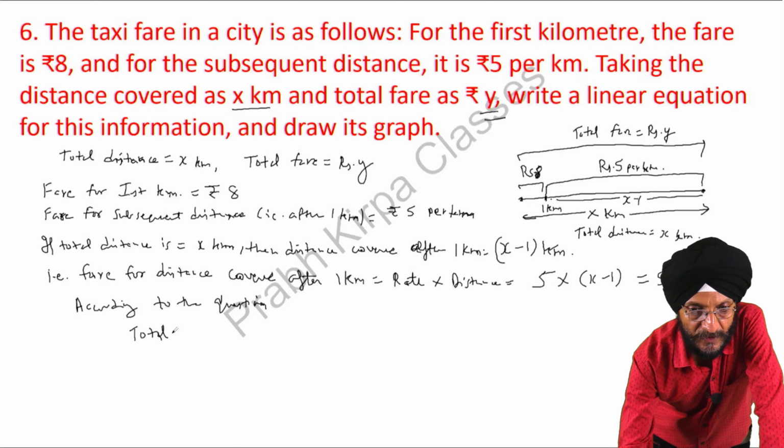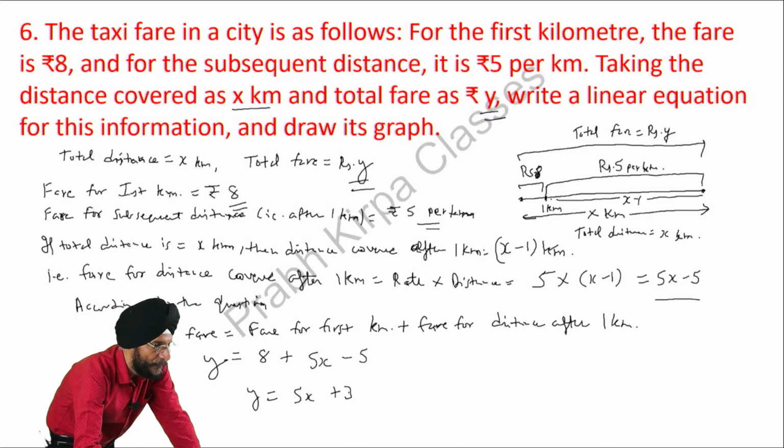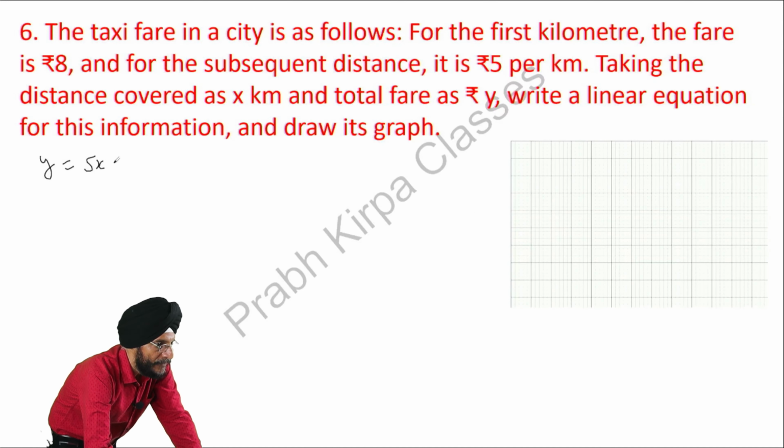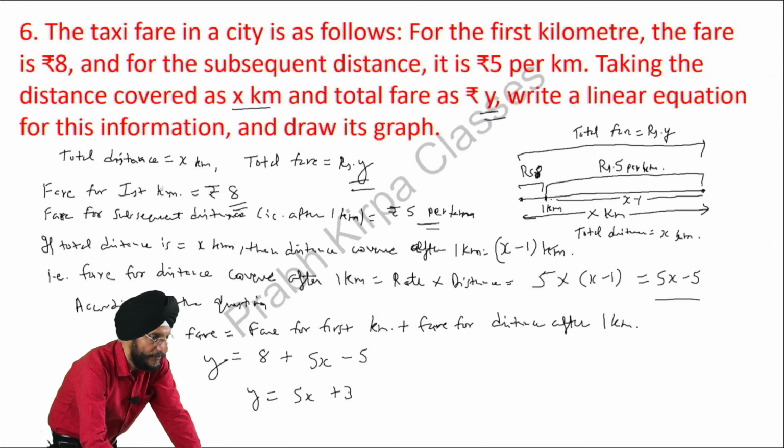Now we will solve this equation. What have we arrived at? y is equal to 5x plus 3. Okay, we have arrived at this equation. Now we will solve this equation. How? We will assume values of x and y.